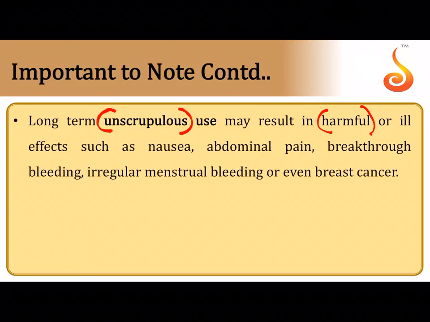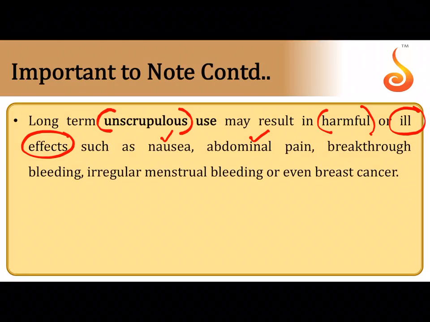The female is consuming oral pills, once-a-week pills, on her own without consultation. Then the person may suffer from certain complications or side effects. Very important 2 mark question: what are the ill effects of long term use of contraceptives, especially unsupervised, unscrupulous use?